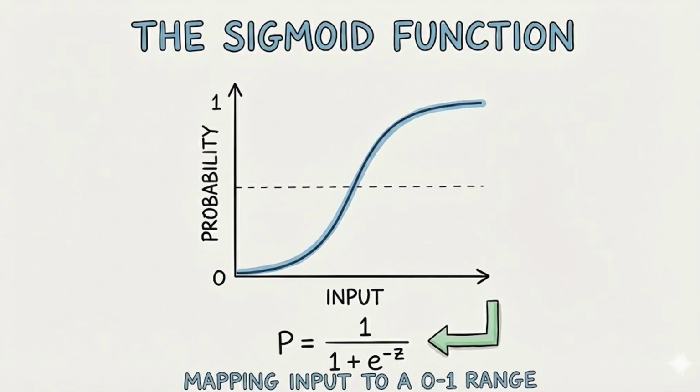The sigmoid function, mathematically, is p equals 1 upon 1 plus e to the power minus z, right? But don't let the math scare you. The formula just maps any input.